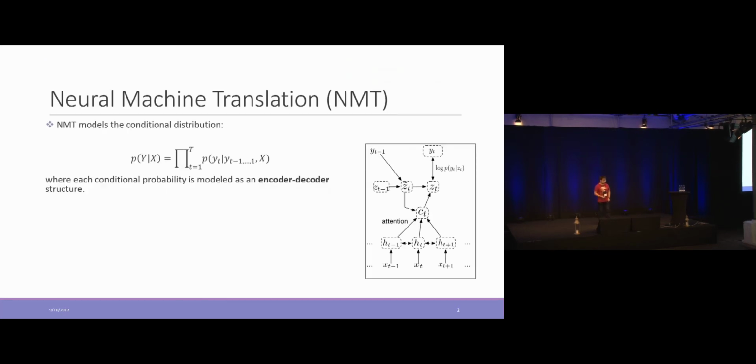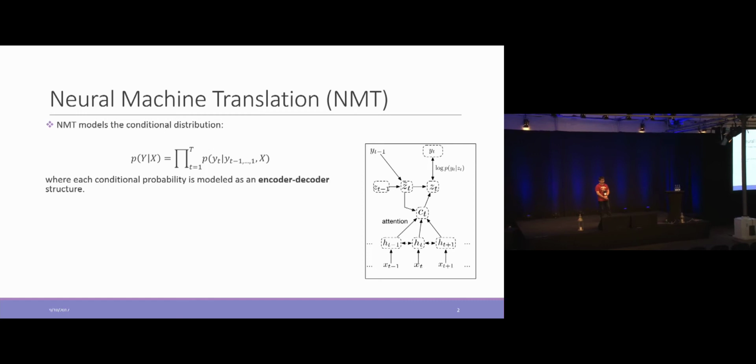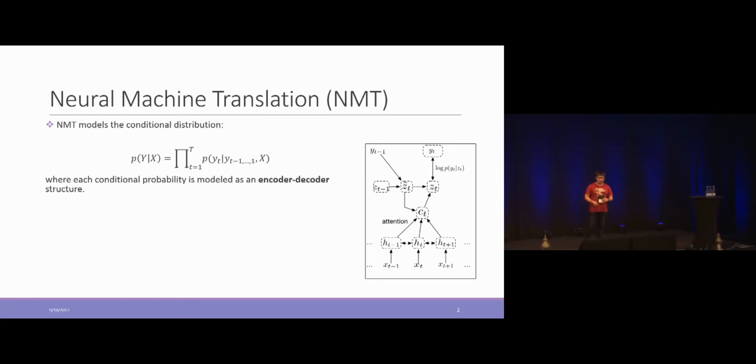Okay, let's start with neural machine translation, which everyone knows about right now. The neural machine translation model is basically modeling the conditional probability of the target sentence Y given a source sentence X, which can be decomposed in an autoregressive way, where each component is also modeled in an encoder-decoder fashion. On the right-hand side is the model we usually use to define neural machine translation.